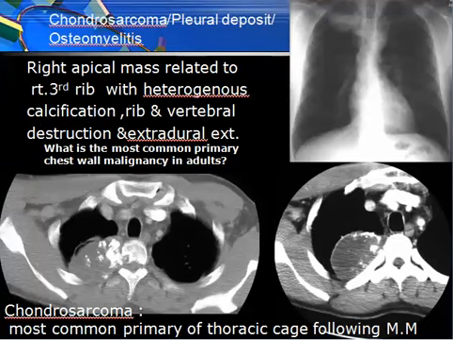Now we have a mass here, something soft tissue here, and this soft tissue has some calcifications with bone destruction and extension inside. We are left with something malignant: chondrosarcoma, pleural deposits, or multiple myeloma.